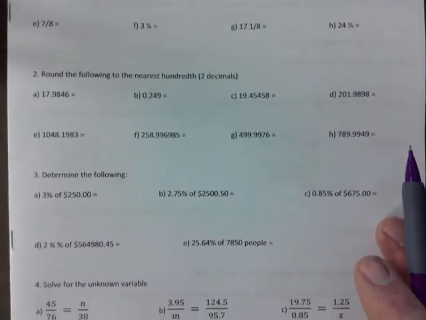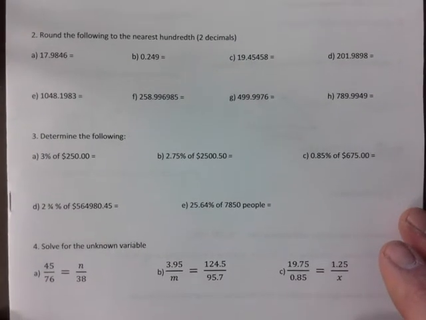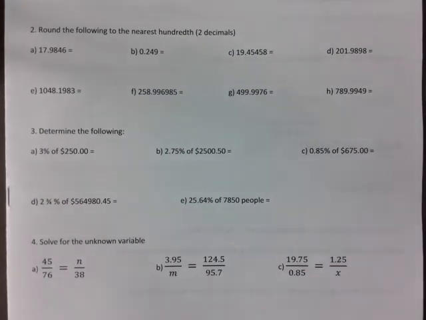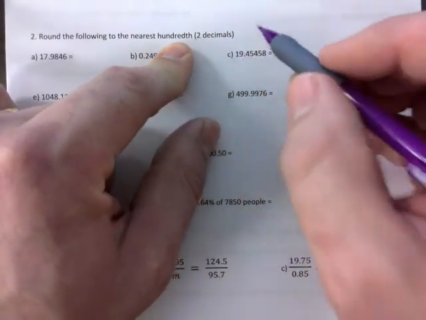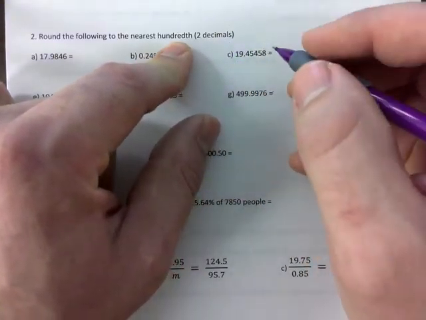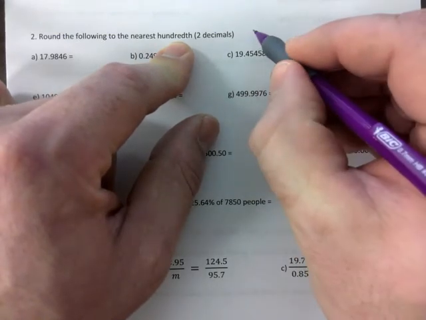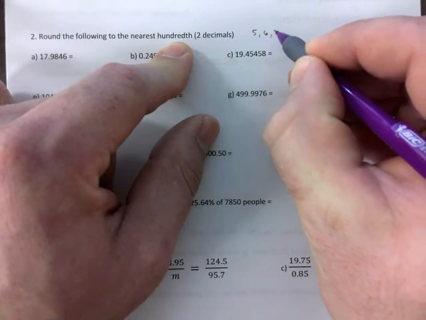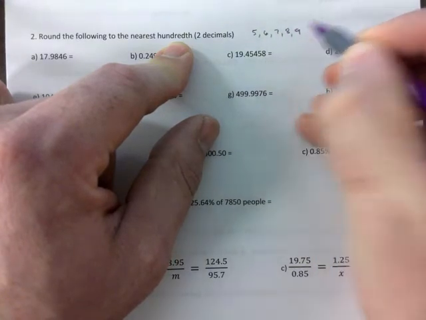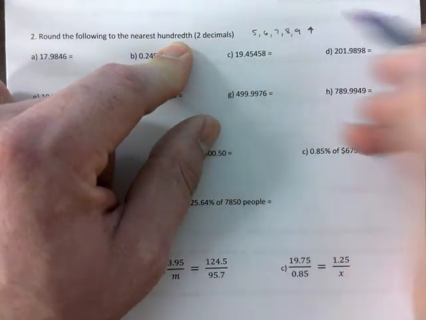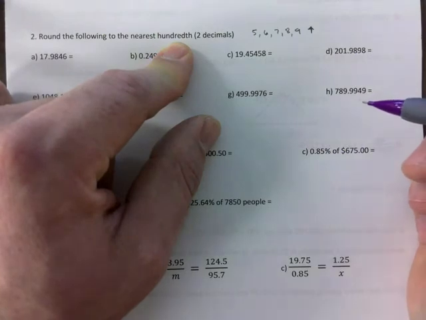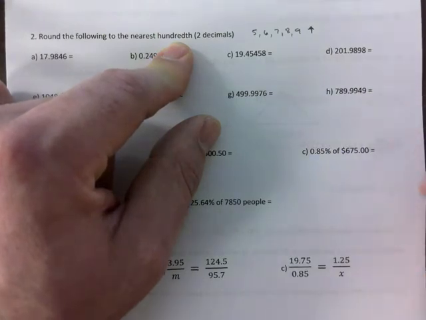Let's go to number 2 here. Round the following to the nearest hundredth. I know this is review for you, but I need you all to be on the same page. A 5, 6, 7, 8, or 9 will round up. Anything else keeps it the same. We actually call it round down.